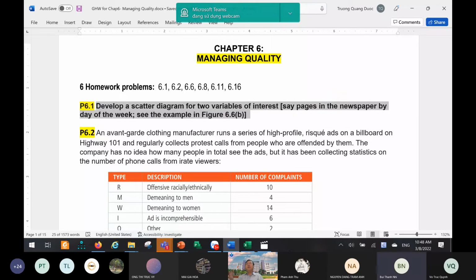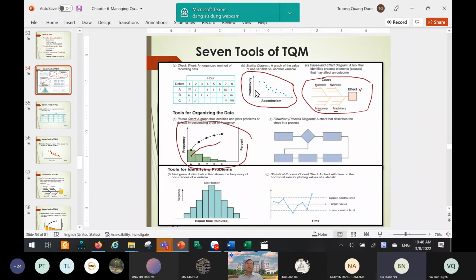This means that when you draw this one, you have to make some conclusion, some ideas, some explanation. Maybe that the relationship is negative or positive, and strong or not strong. You have to mention it. It's clear? You have to fully understand the question and you have to explain, not just plot the point, okay?